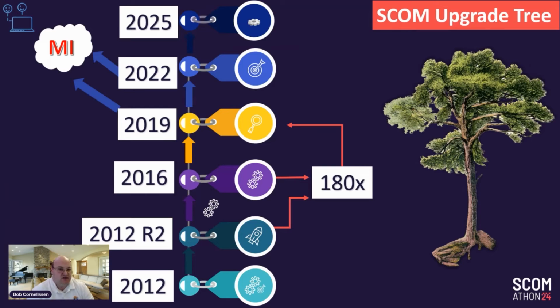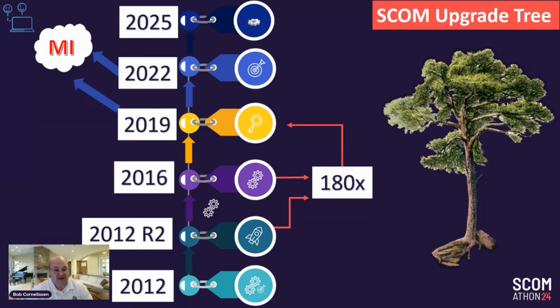So this is what I call the SCOM upgrade tree. You might have seen it before. It shows the SCOM versions and their direct upgrade path, including to SCOM MI to the left-hand side. Now, as you can see, this is mostly a possible in-place upgrade by one version up.